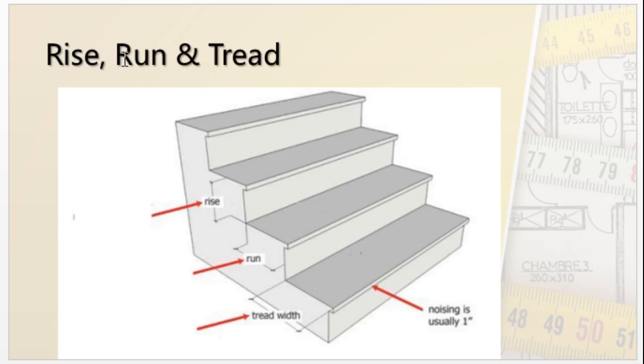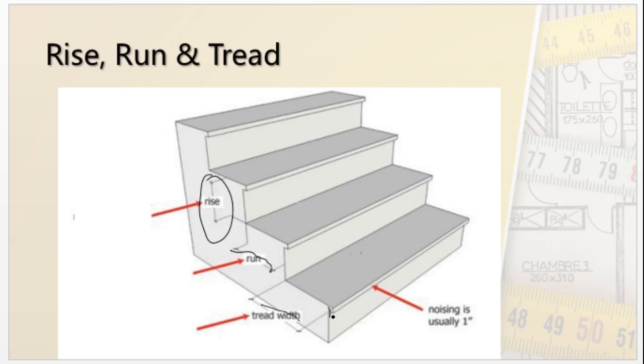So we can divide its component into three major parts. This is called the rise. As you can see, rise. This portion is called run, and this portion will be called tread.